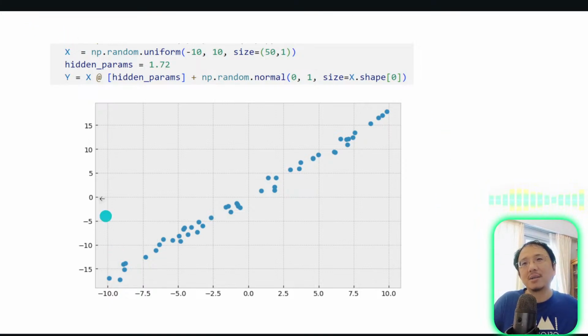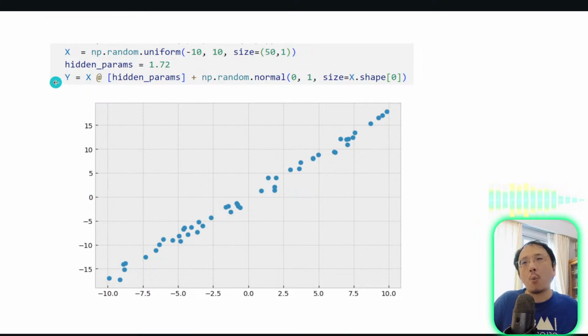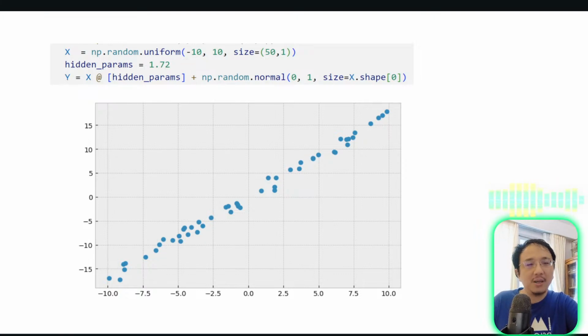Our X is just random uniform between -10 and 10, just some random X. And our Y is mostly in linear proportion to X. So I use X times these hidden parameters. These parameters are supposed to be hidden, that we don't know. And by using a machine learning algorithm, in this case linear regression, we are trying to figure out these hidden parameters.